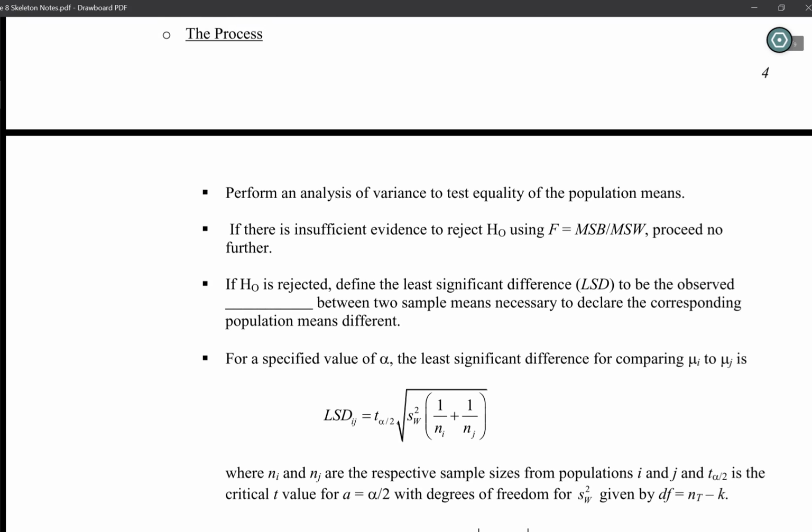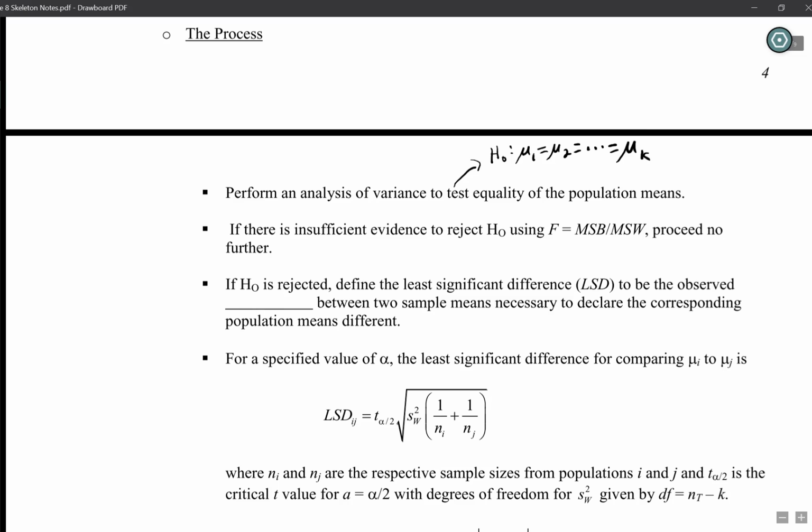We perform an analysis of variance test to test the equality of several population means. If we reject that null hypothesis, then you remember what that null hypothesis looks like. It's the F-test null hypothesis that mu1 is equal to mu2 is equal to, we have several population means.